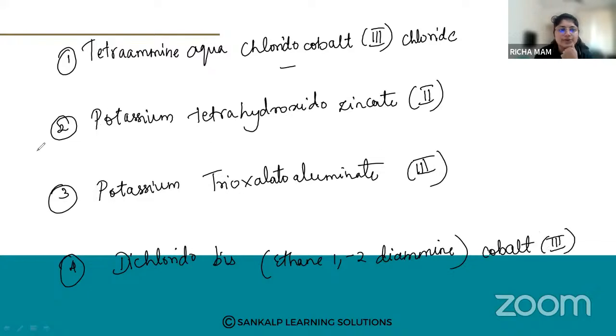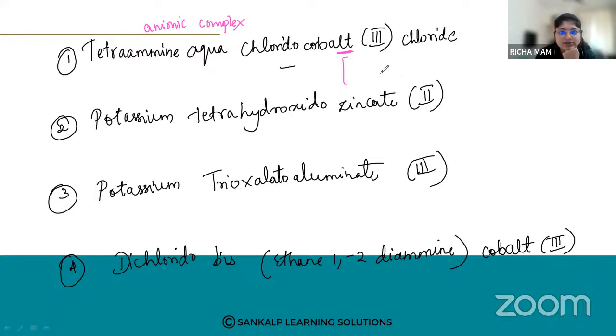Okay, so how will you write the first one? Cobalt 3 chloride. Cobalt is written completely, so this is a cationic complex. So first we'll follow the rule. We'll maintain the bracket.